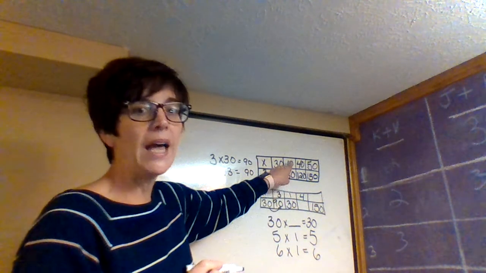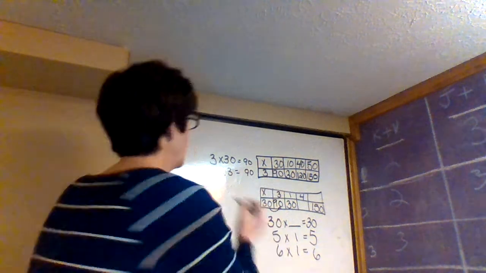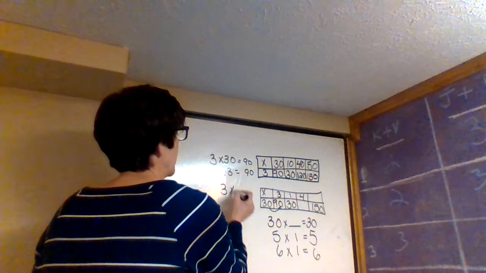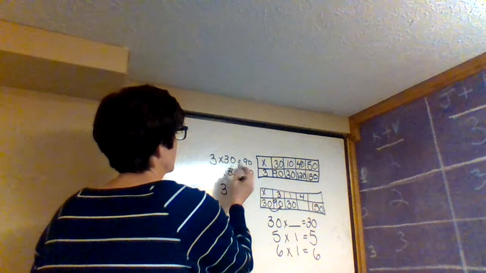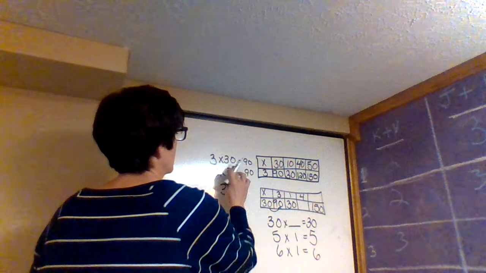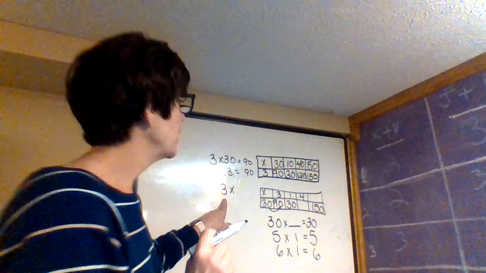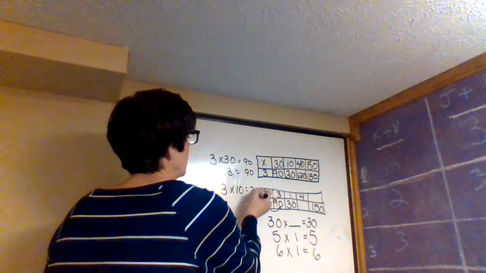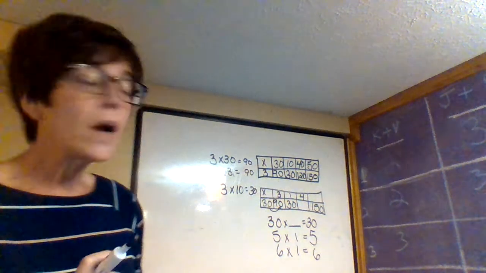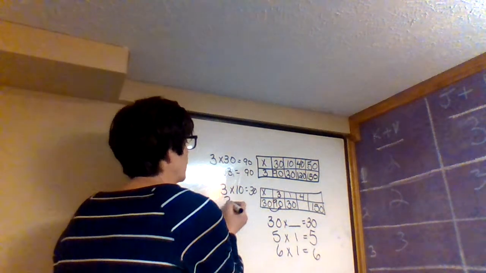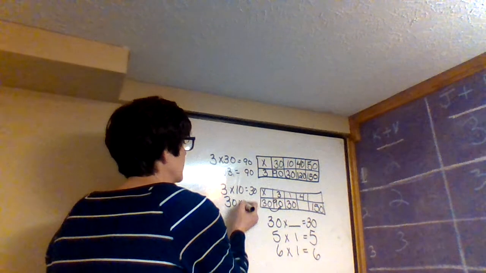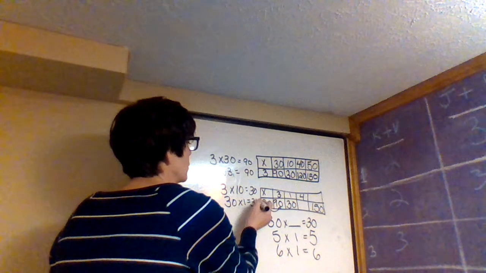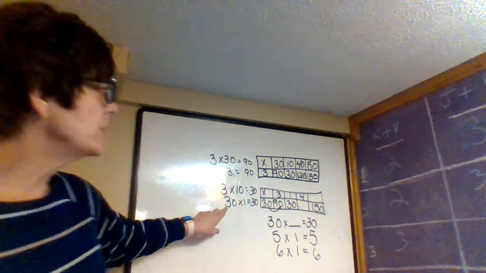Let's look at this pattern up here, guys. 3 times 10 equals 30, or 30 times 1 equals 30. Seeing the pattern here?